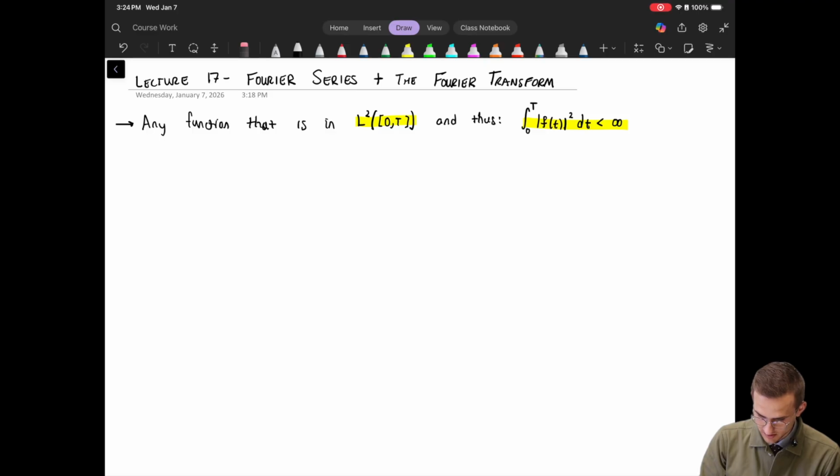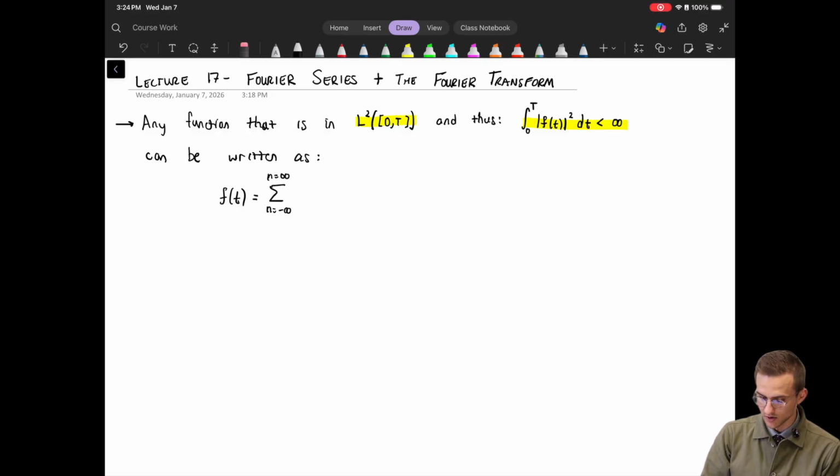Can be written in the following way. F of t is equal to the sum from n equals minus infinity to infinity, over all integer values of n.